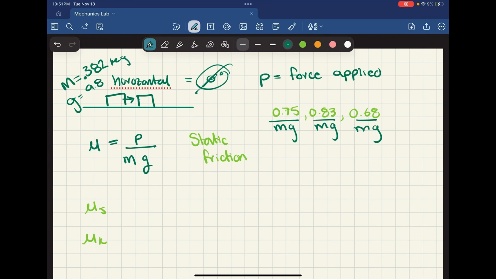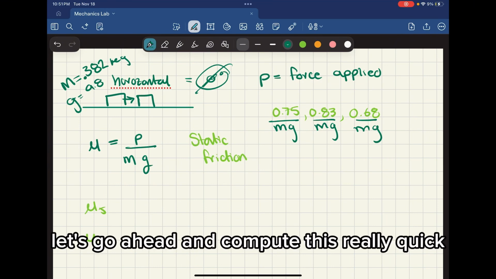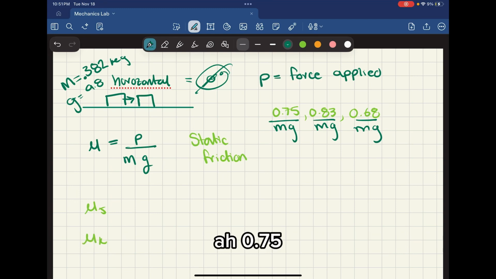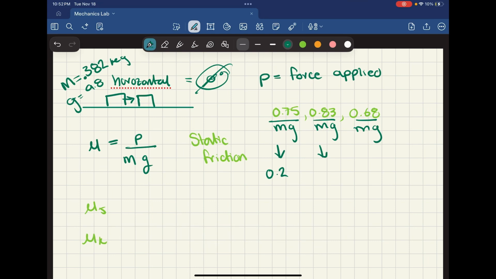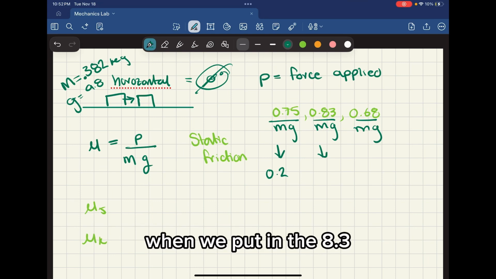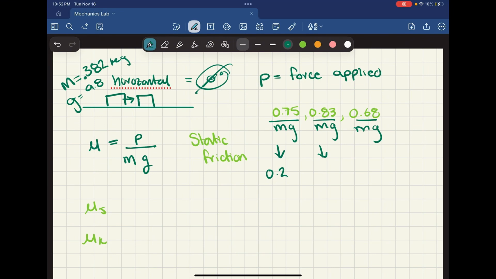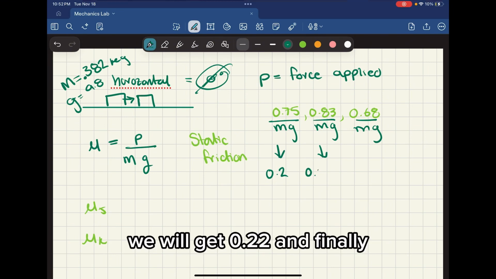When we compute all of this, let's compute these really quick. 0.75, divide that by that. For this first trial, we're going to get 0.2 as our coefficient of static friction. When we put in the 0.83, we will get 0.22.